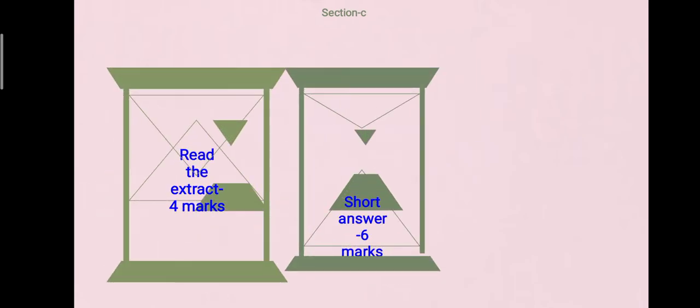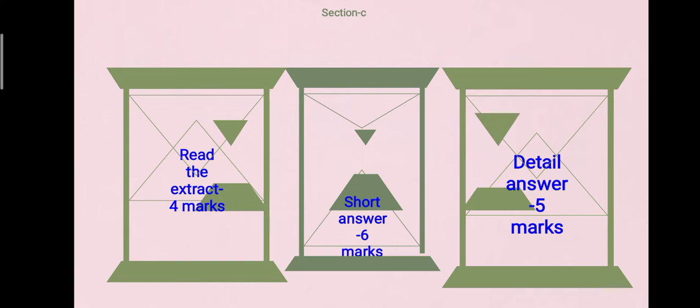And section C consists of 3 parts. The first one is read the extract, and read the extract will have 4 questions. Each question carries 1 mark, so you will be getting 4 marks. And the second part is short answer, and it's for 6 marks.